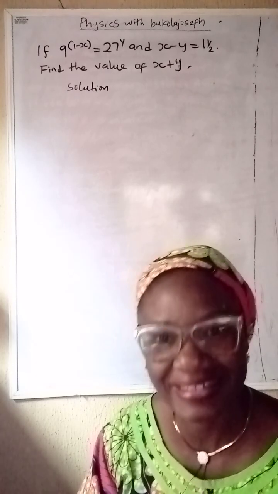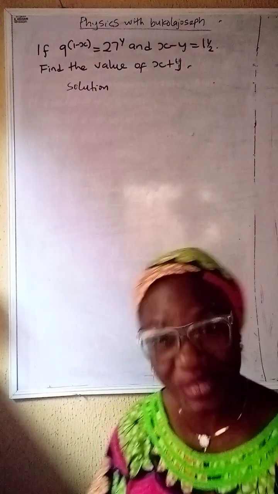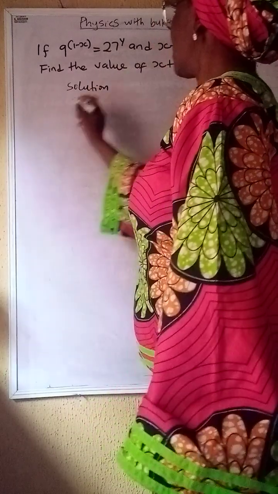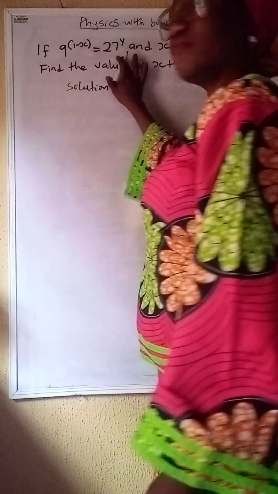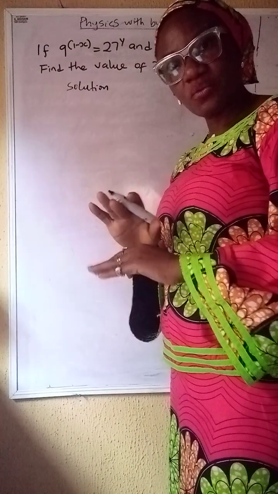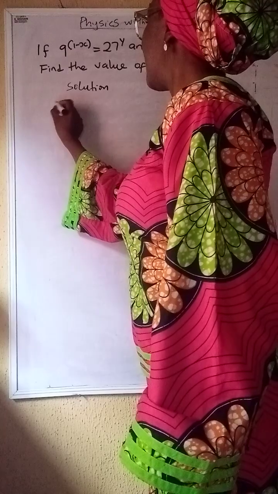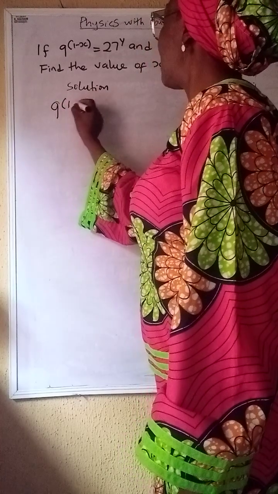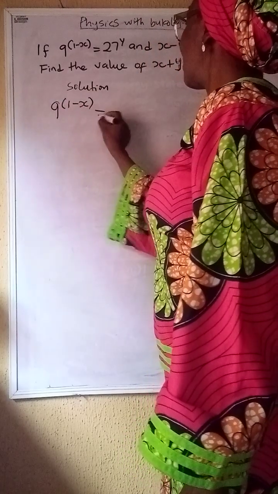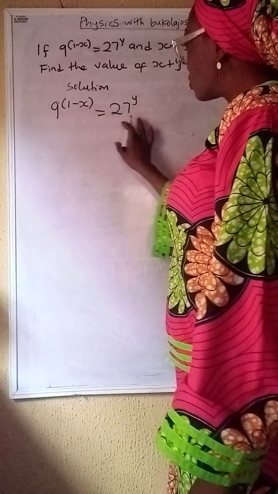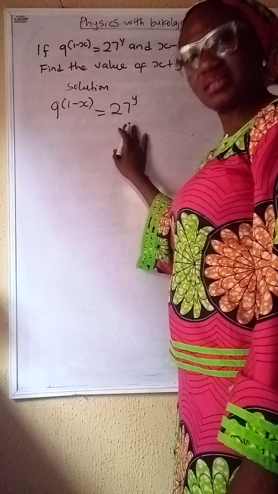Okay, let's do this together step by step with Bukola Joseph. So we have this question. The first thing we are going to do is to bring out the first equation, simplify it, and name it equation one. So we have 9 raised to power 1 minus x is equal to 27 raised to power y. We simplify this to base 3.